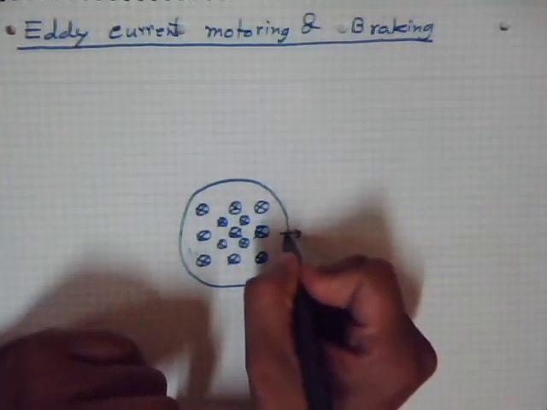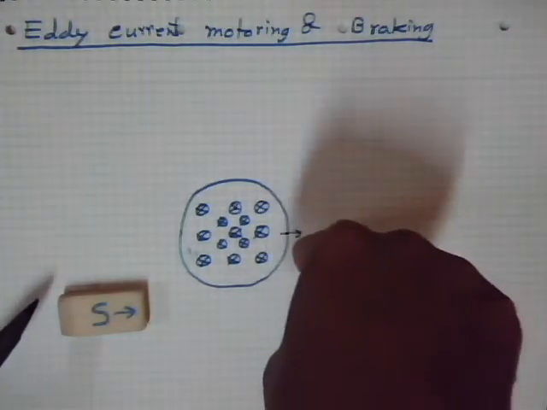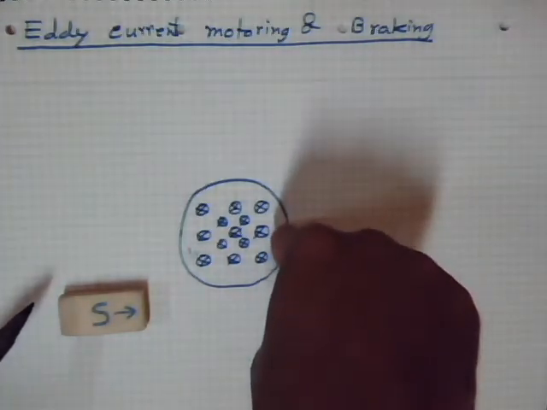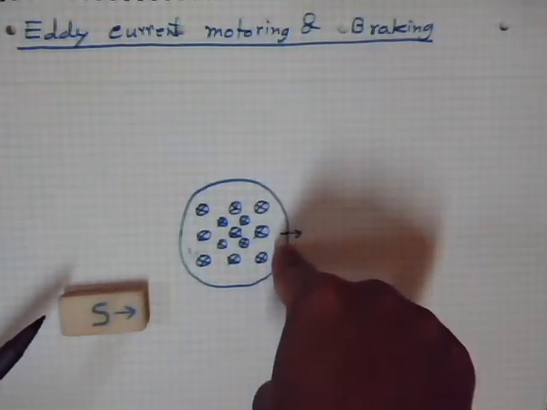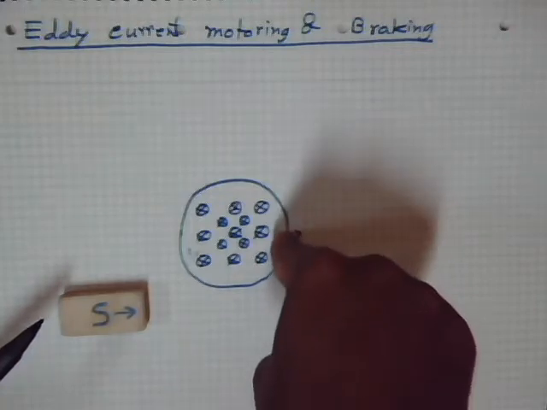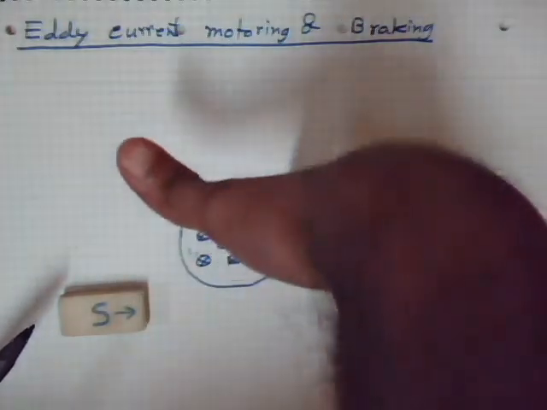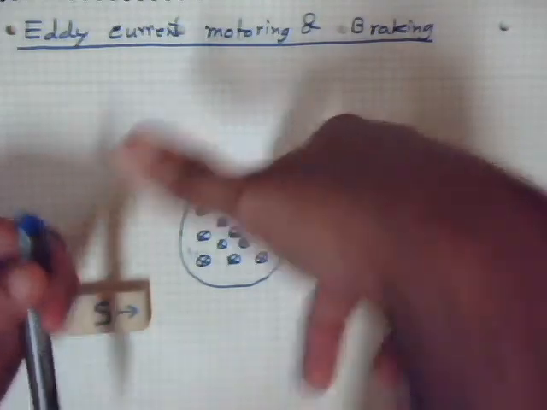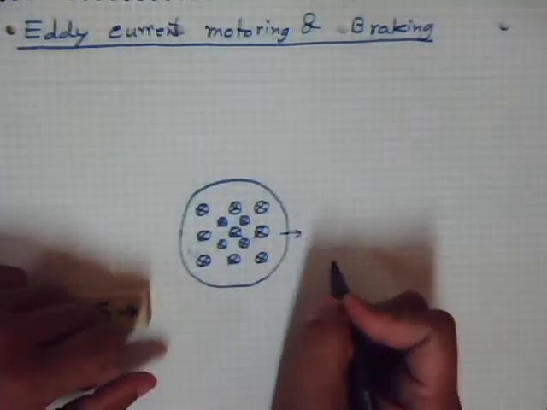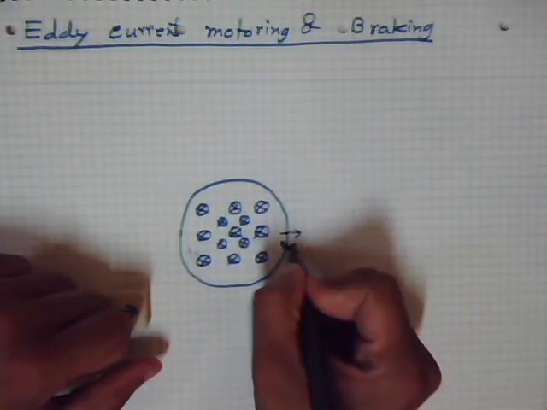Now if I consider this point, the direction of flux is downwards. The motion of this line relative to the flux is towards the left, and the middle finger points downwards. According to Fleming's right hand rule, that will generate an EMF in this direction.